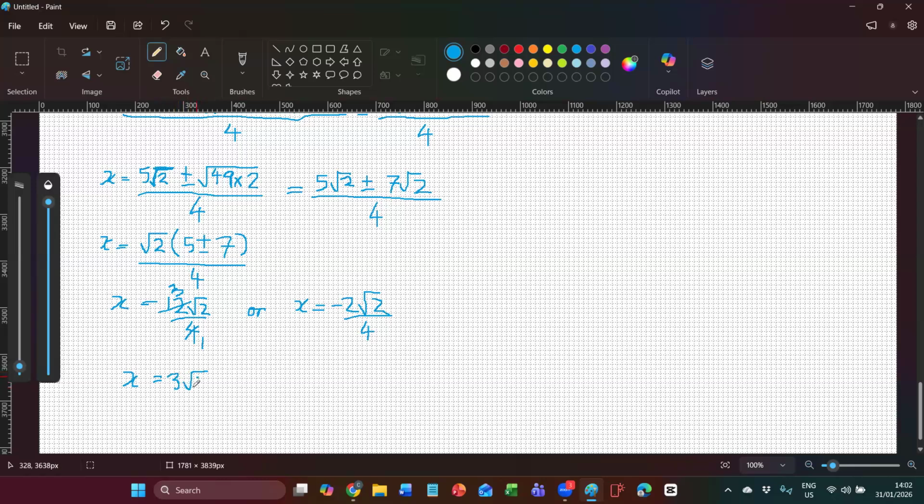or x is equal to what? Okay, 2 in itself is 1, 2 in 4 is 2.